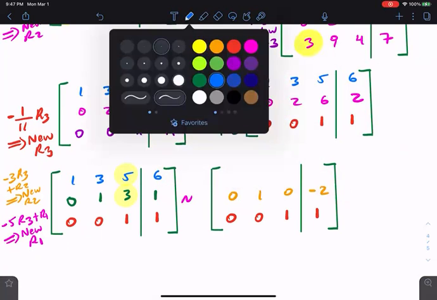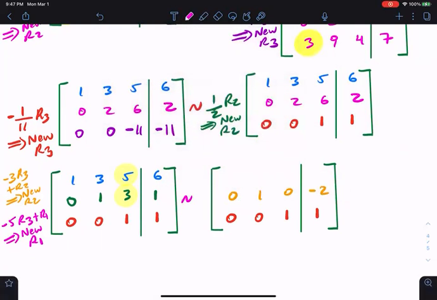Okay, the last one, right? So negative 5, row 3 plus row 1. All the elements in row 3 multiply by negative 5. So negative 5 times 0 is 0, plus 1 is 1. Negative 5 times 0 is 0, and 3 is 3. Negative 5 and 1 is negative 5, plus 5 is 0. Negative 5 and 1 is negative 5, plus 6 is 1.